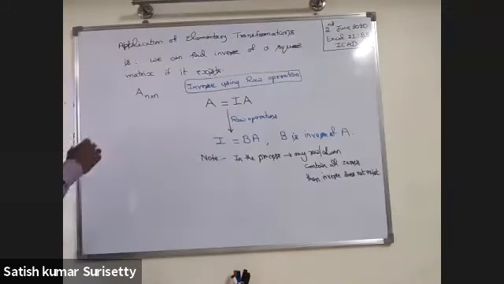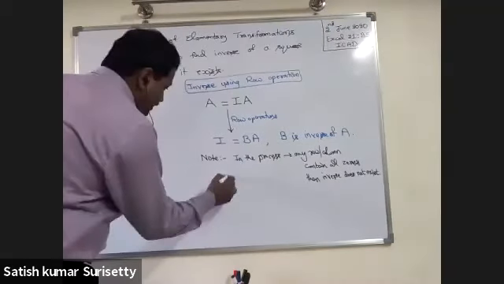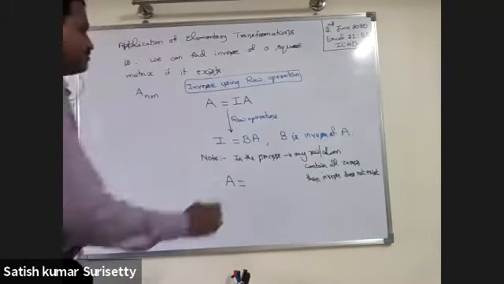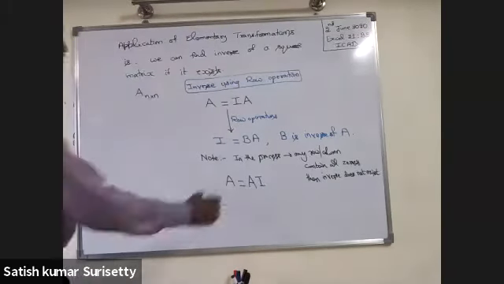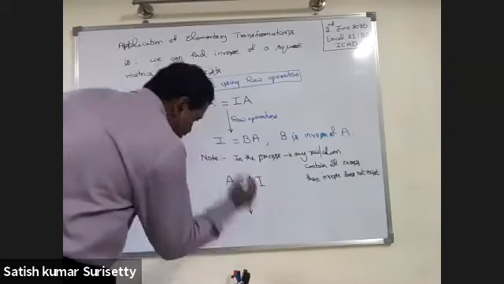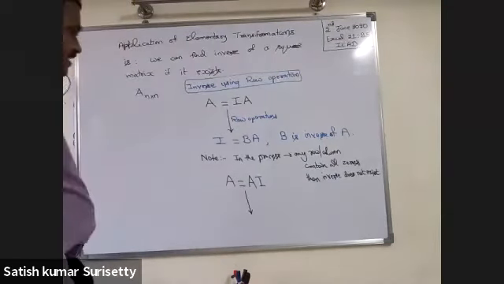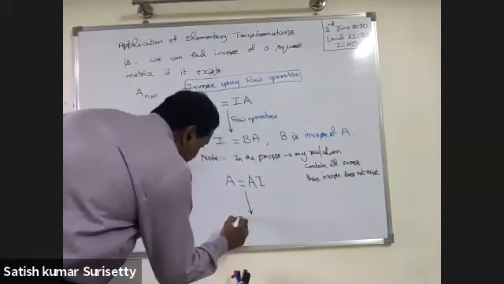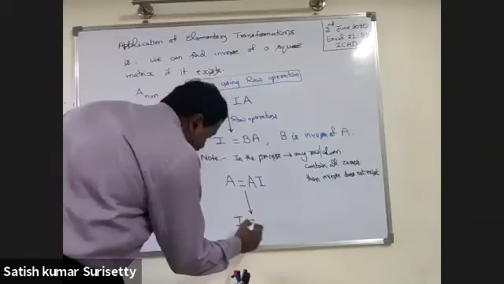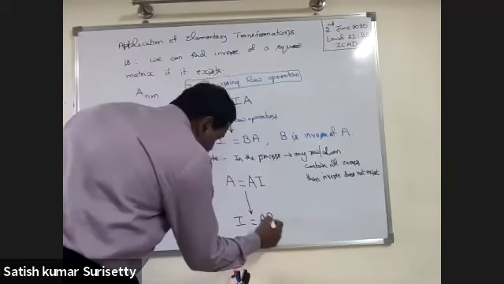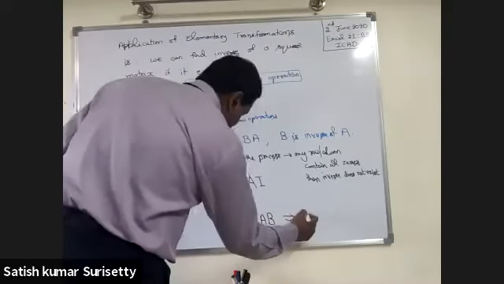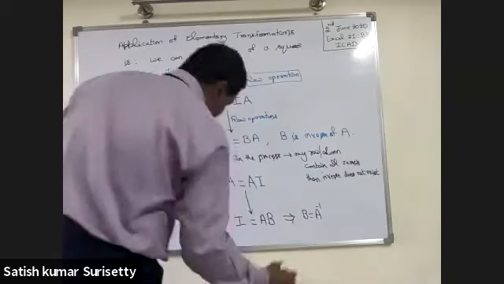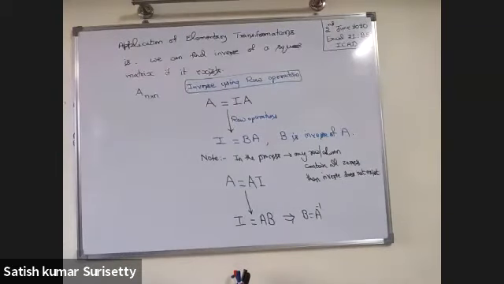That is, write the matrix A as A into I and apply the column operations till the matrix equation becomes I equal to A into B. Then B is the inverse of A. That is B equal to A inverse. Here also the same note is applicable.